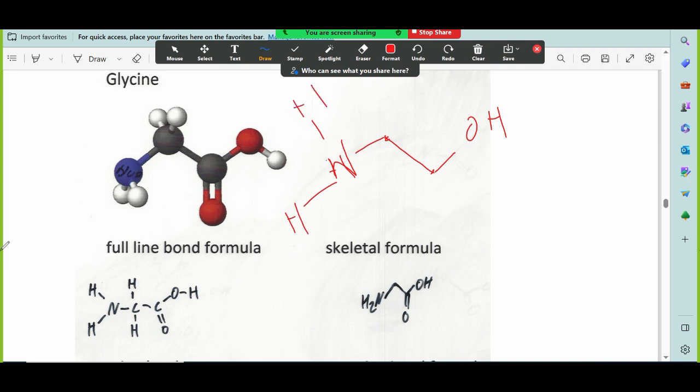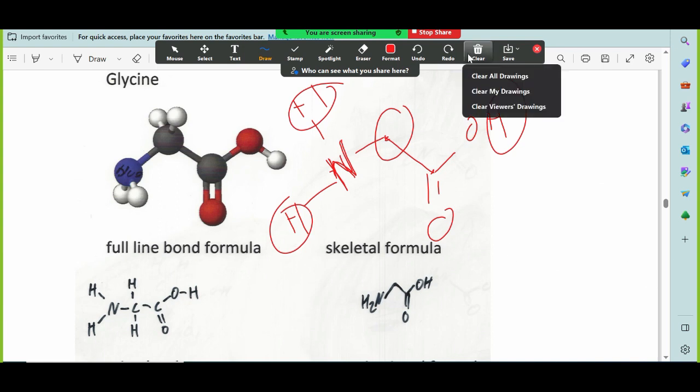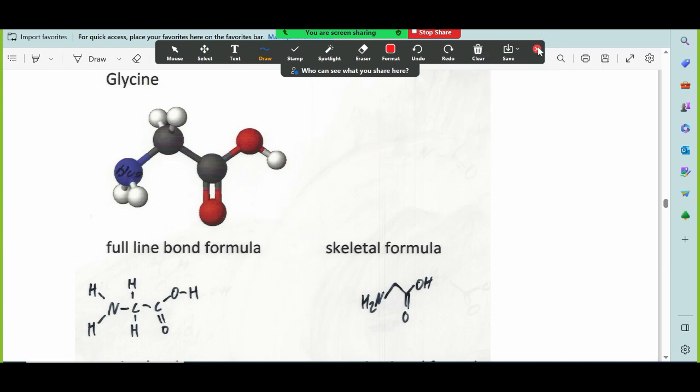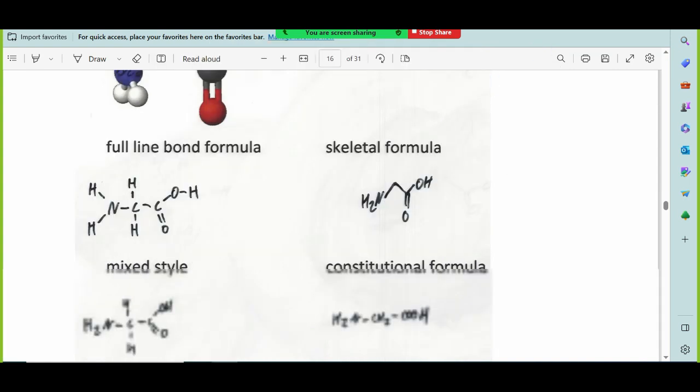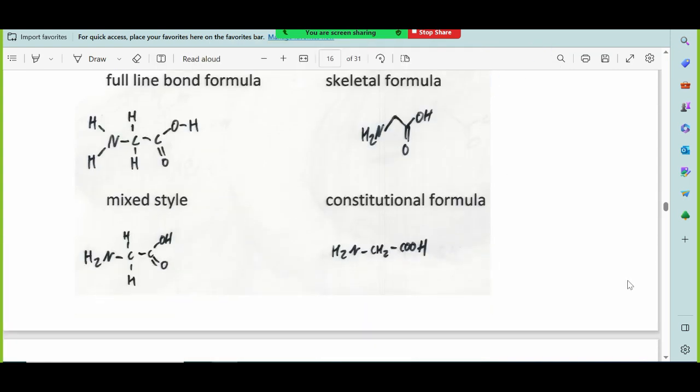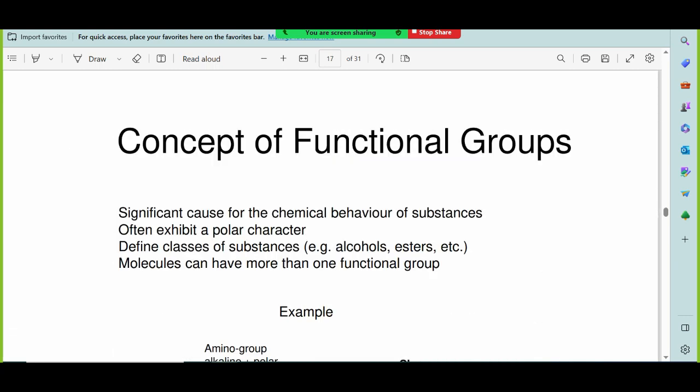So now it's right. And here we have a double bond O. Here you don't have to write the H's, but here you have to write the H's, and here as well, because they are not connected to carbon. So this is the skeletal formula. The constitutional one is easy, I don't have to repeat it.